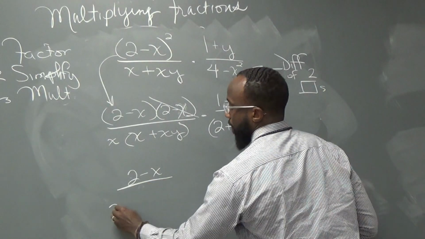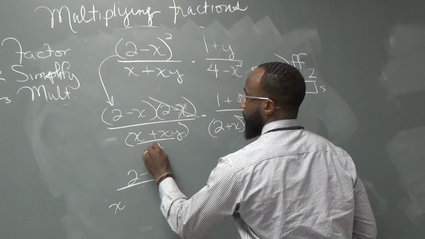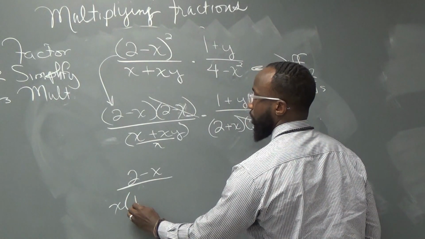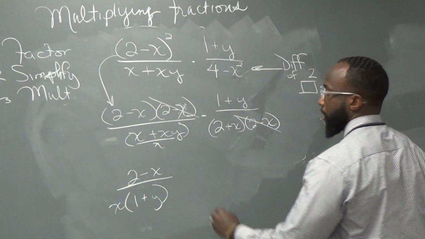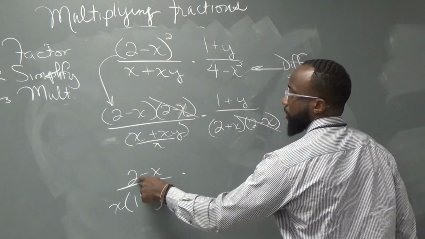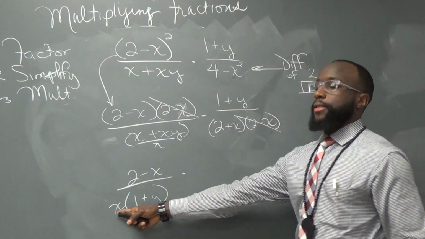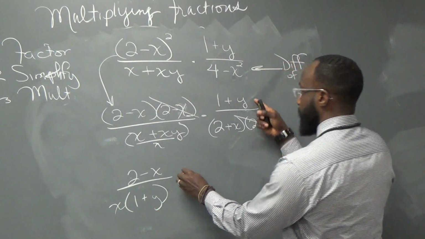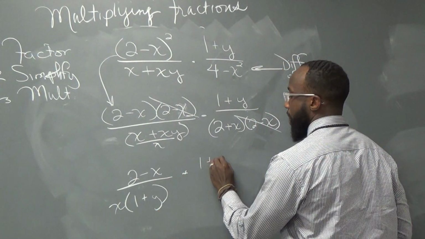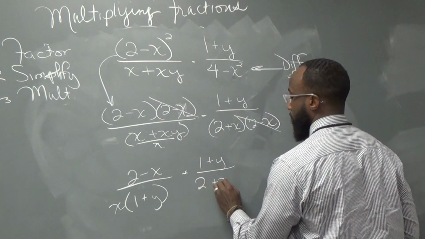So now we divided the x from both of these, so you're going to have x times 1 plus y. So we got 2 minus x over x times the quantity 1 plus y. And here's the other fraction. We got 1 plus y over 2 plus x.